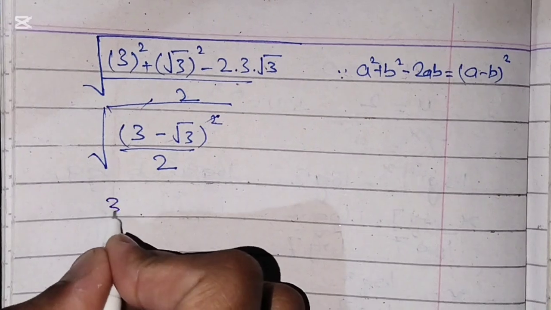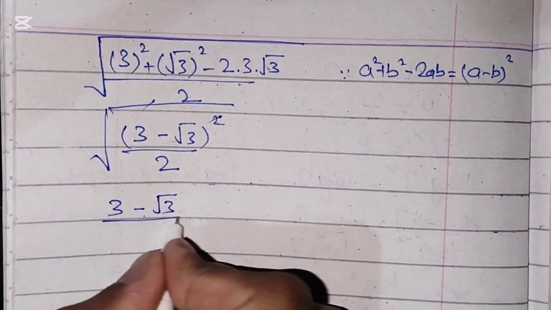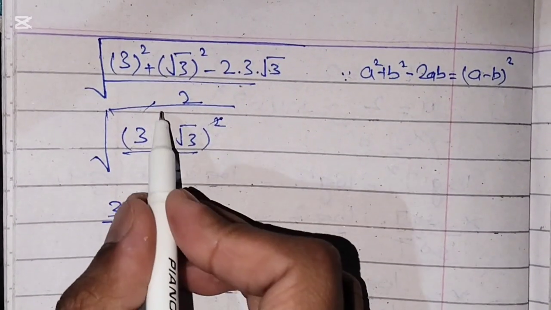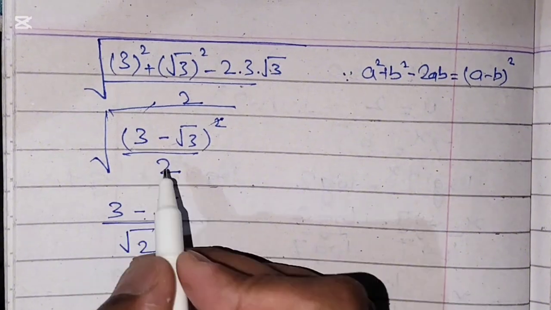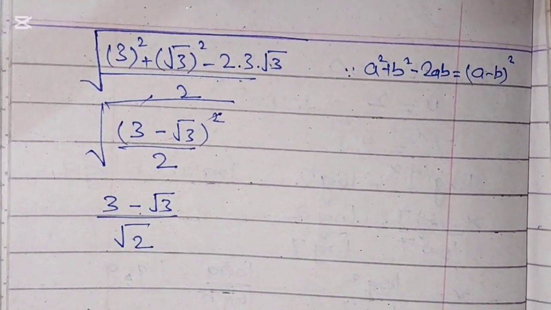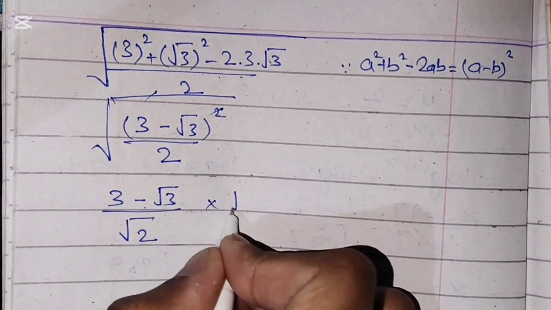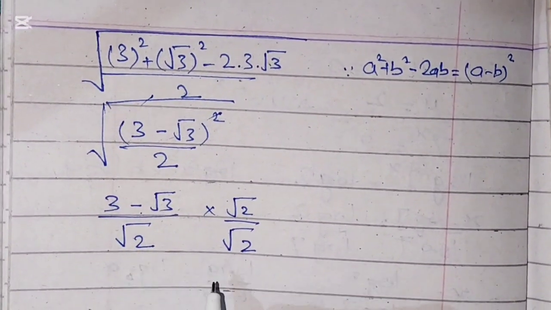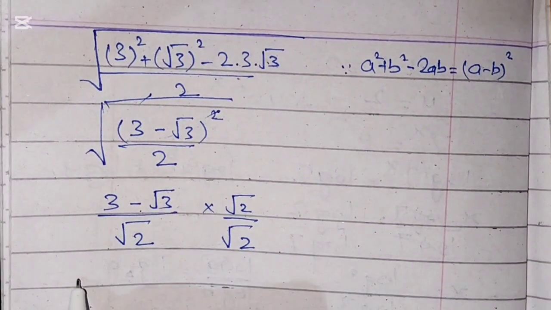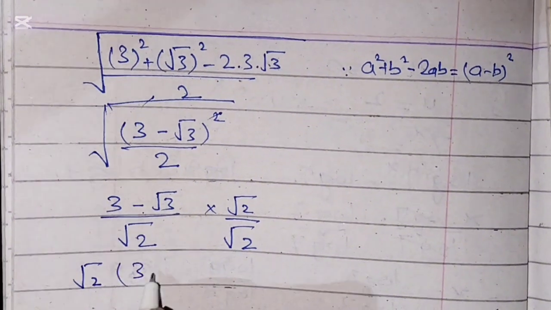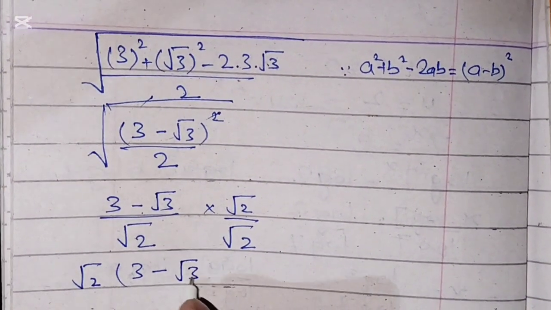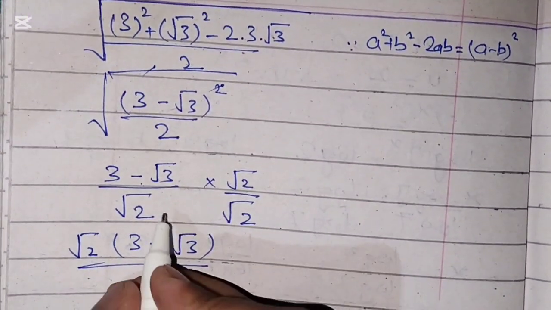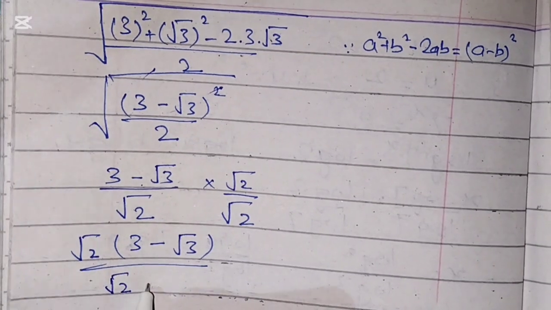We get 3 minus square root of 3 over square root of 2, because this square root appears both in the numerator and denominator. Now we will multiply and divide by square root of 2 to eliminate this square root in the denominator. Square root 2 times 3 minus square root of 3, over square root of 2 into square root of 2.